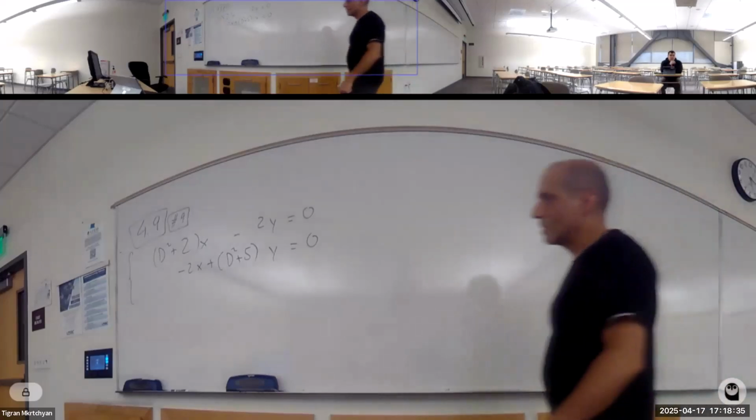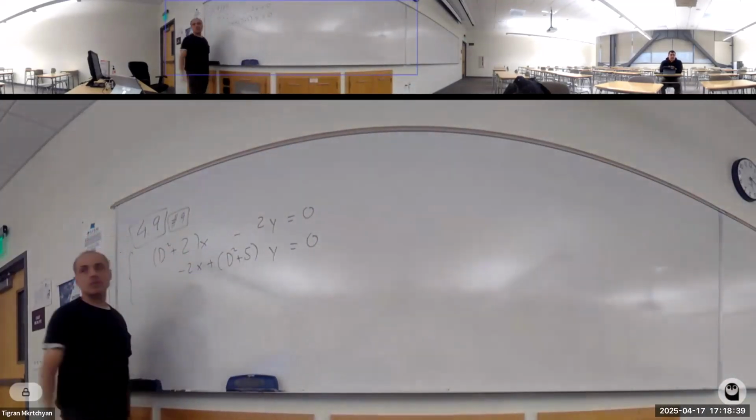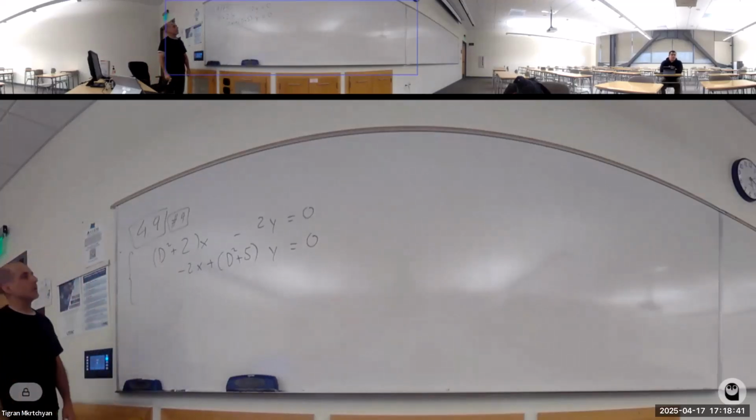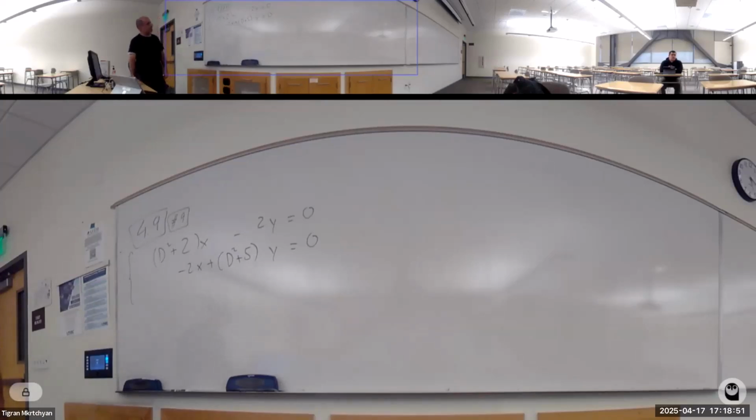So any ideas? We're going to try to use elimination, so cancellation. Can we, especially, find one way to proceed? How do I try to eliminate either x or y? Let's say I want to eliminate x. What should I do?